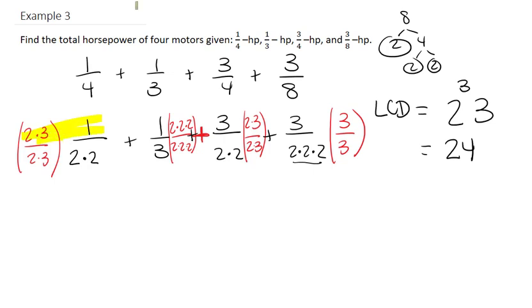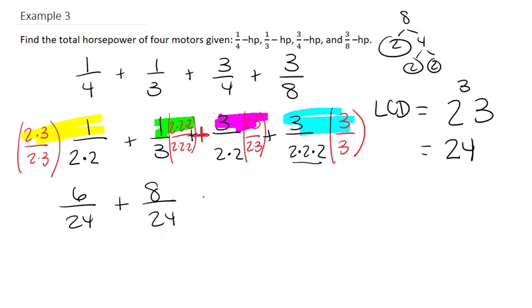Now we're going to multiply the top numbers together. So 2 times 3 is 6 times 1 is 6, which is over 24, as that's our least common denominator. Now we have the second term. 2 times 2 times 2 times 1 is just 8 over 24.